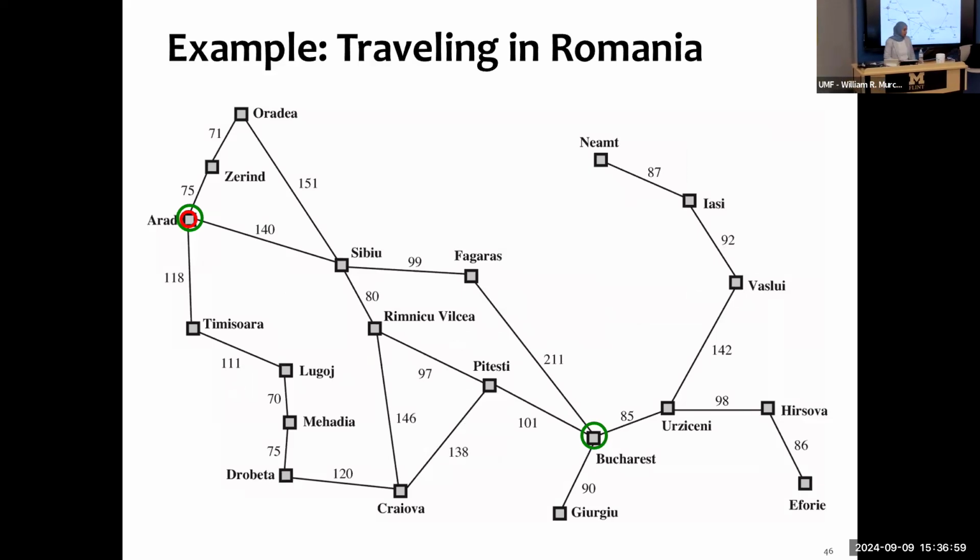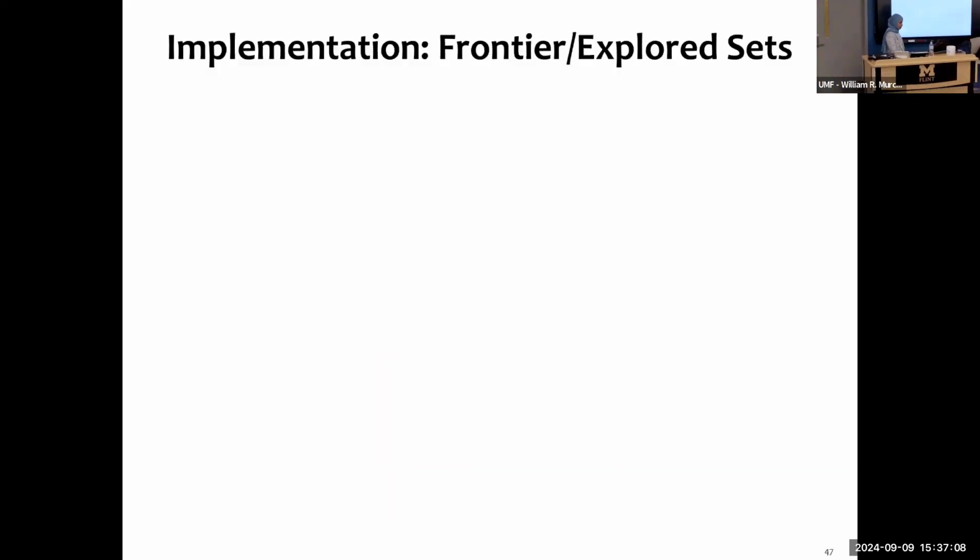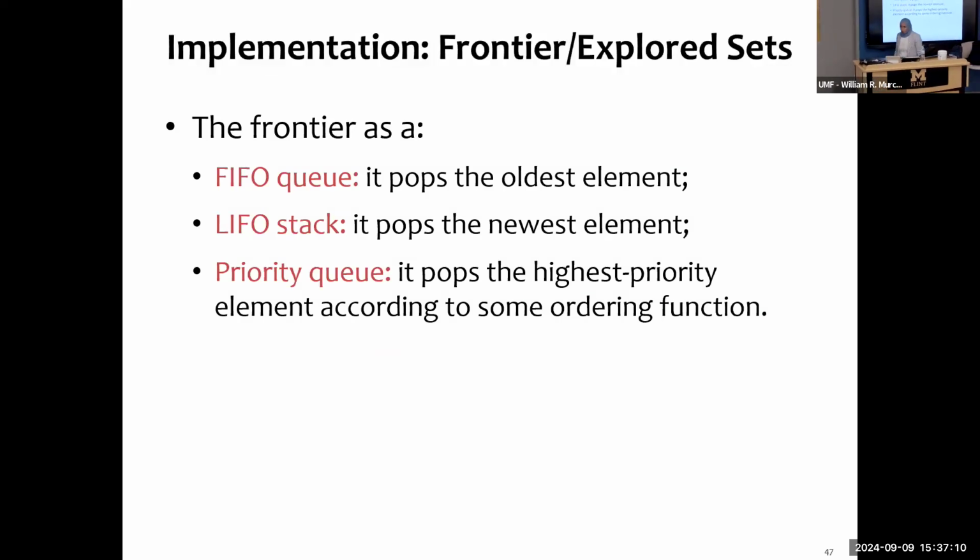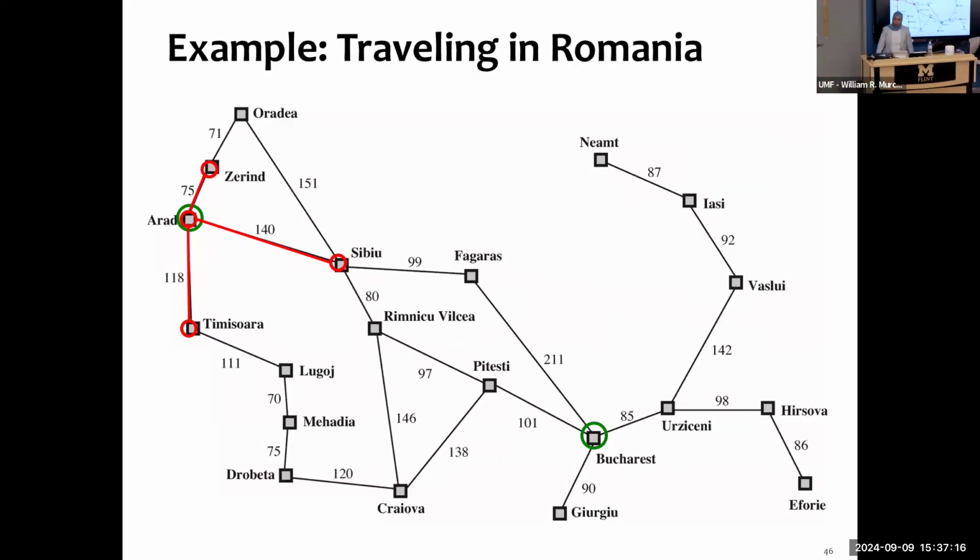Let's come back to our example. From the Arad city, we can visit these 3 cities. Then we need to know what order to use to choose between these elements.